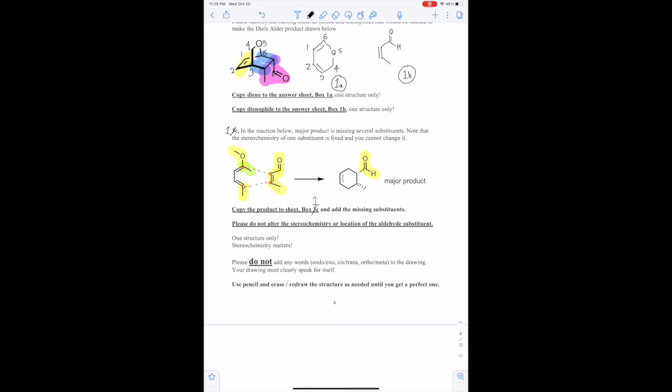So that's the methyl group on the dienophile. You don't have to put the CH3, but I like to do that just for clarity. And then we've got the ether group, which would be pointing away as well. O, and then CH3. Sorry, let me make that clear.